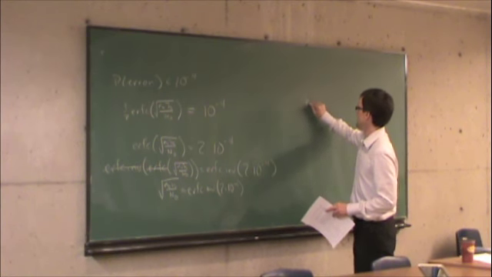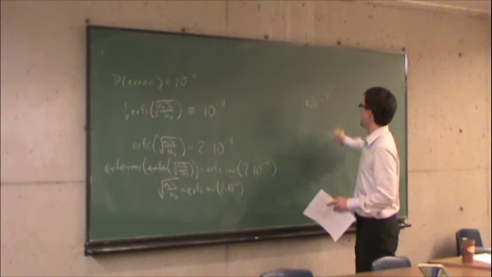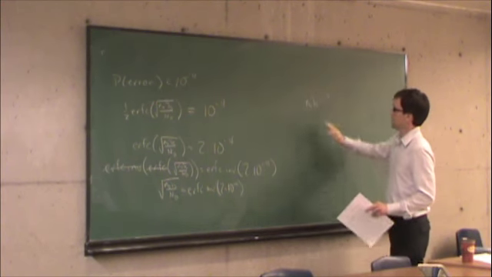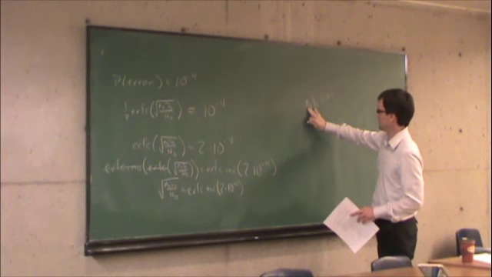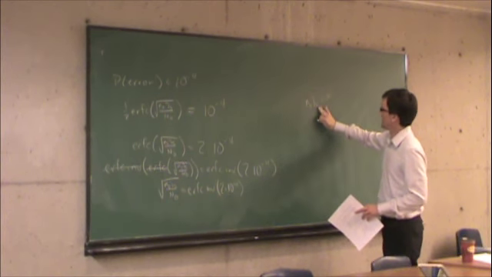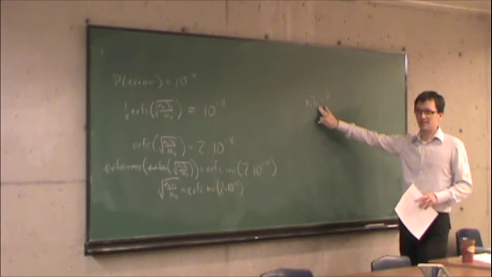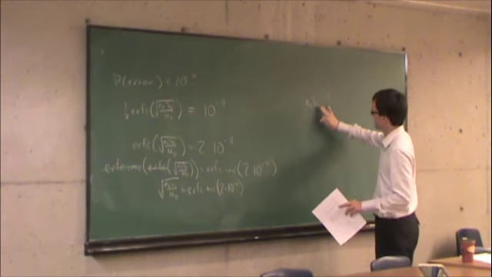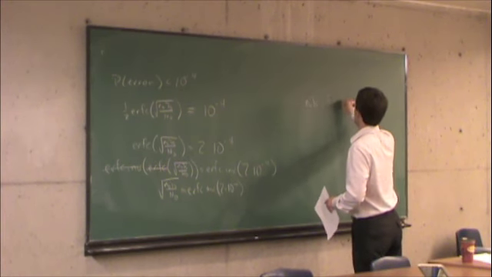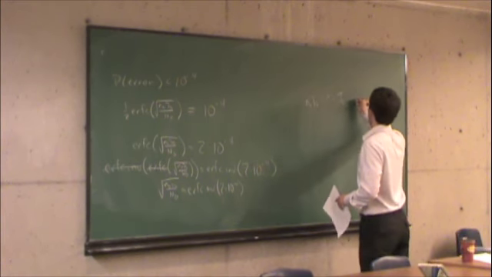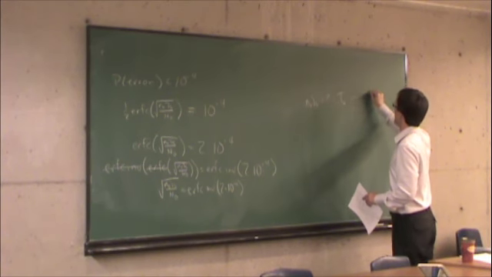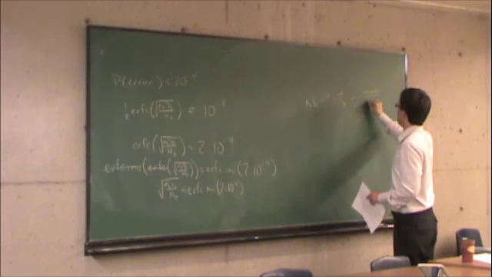But what is N_B T_S? Remember, N_B is the number of samples per bit, and T_S is seconds per sample. So this is actually equal to T_B, the number of seconds per bit.